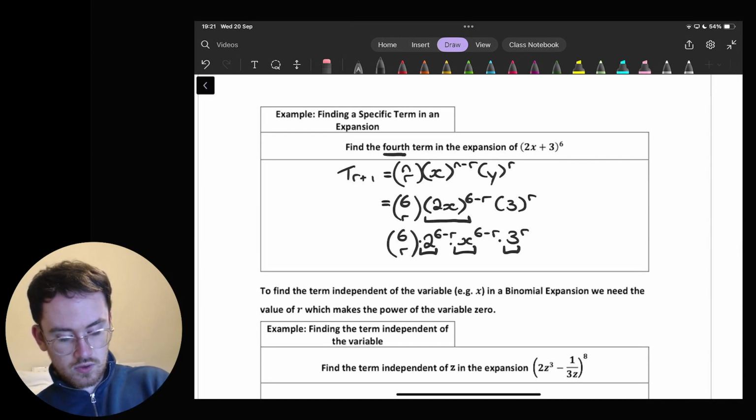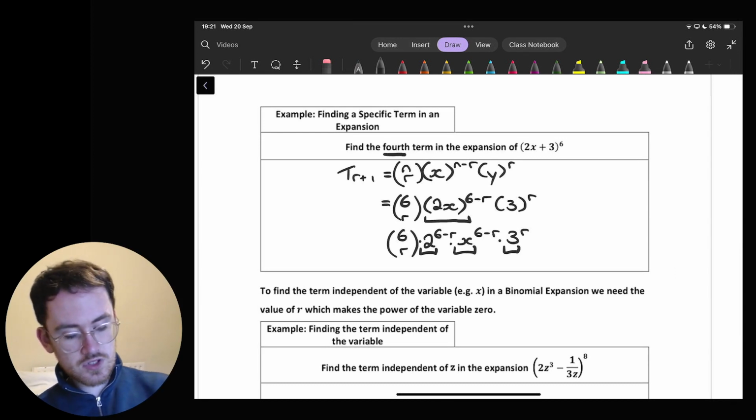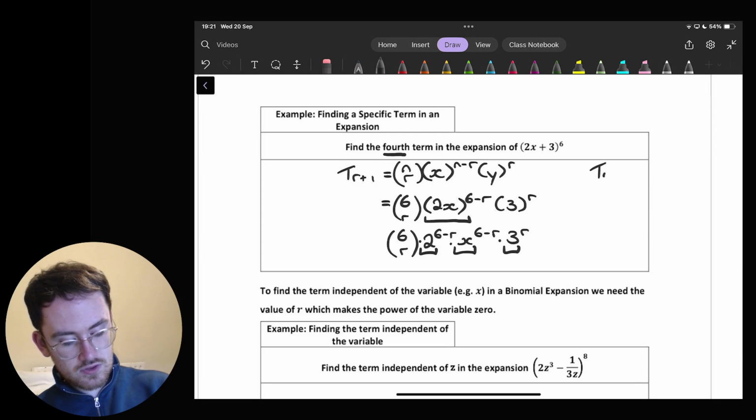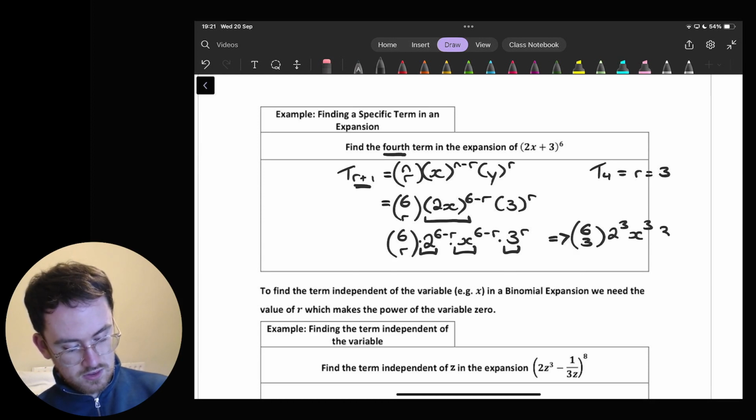We're looking for the fourth term. So reminding ourselves that for the fourth term, and using this idea of r plus 1, that must mean that r is going to be equal to 3. So let's fill in this value: 6 choose 3, 2 to the power of 3, x to the power of 3, and 3 to the power of 3.